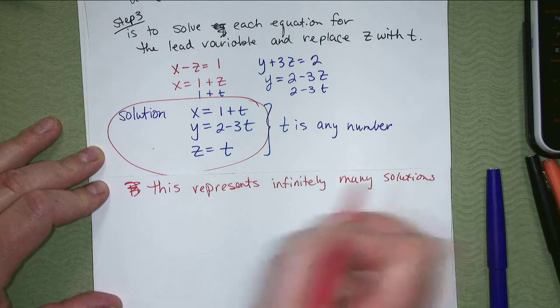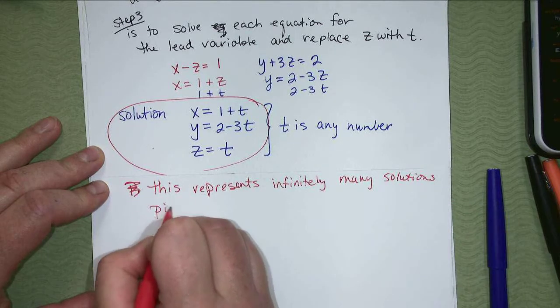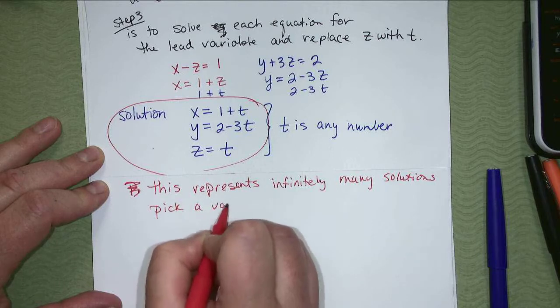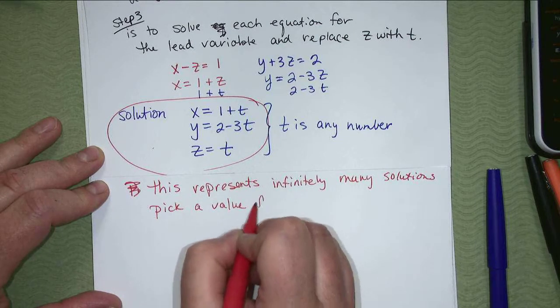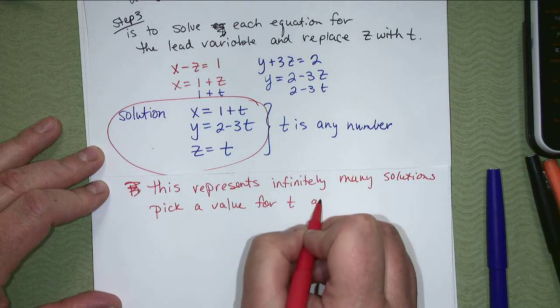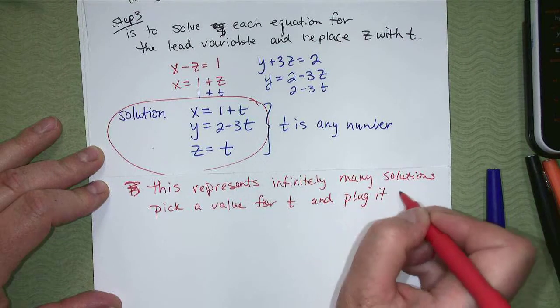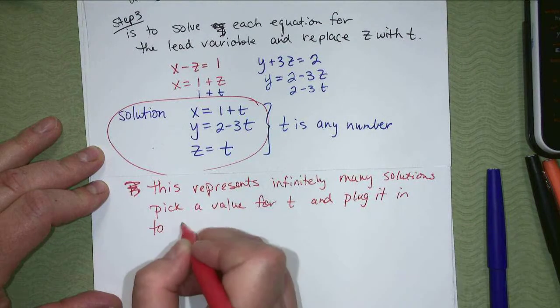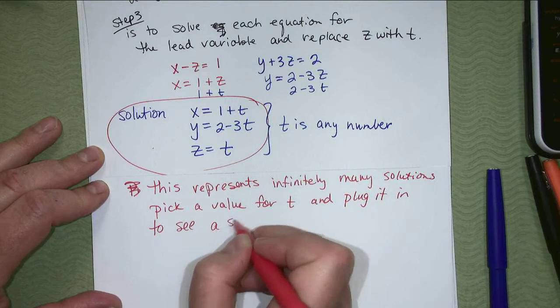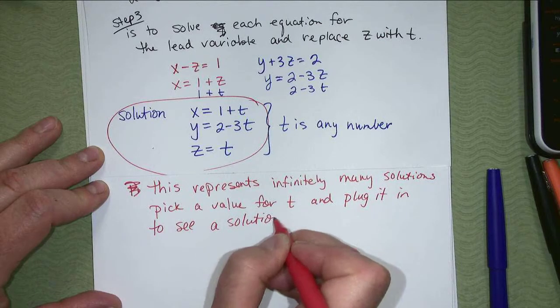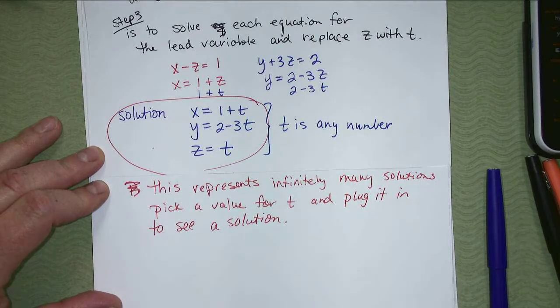Pick a value for t and plug it in to get one solution. You could do it forever, picking different values of t and getting different solutions that will work in the original equation.